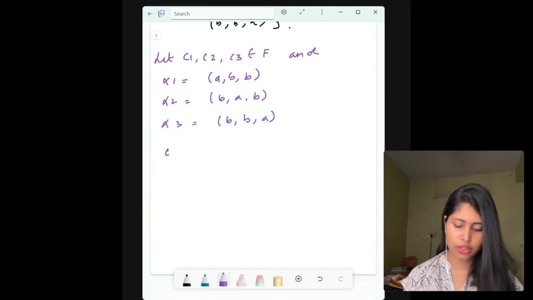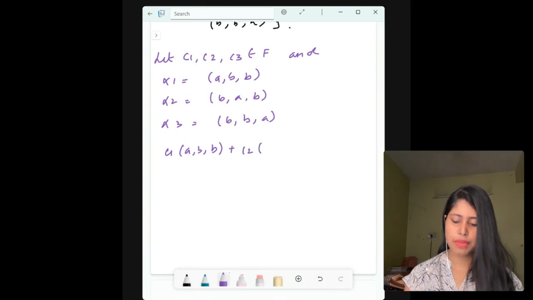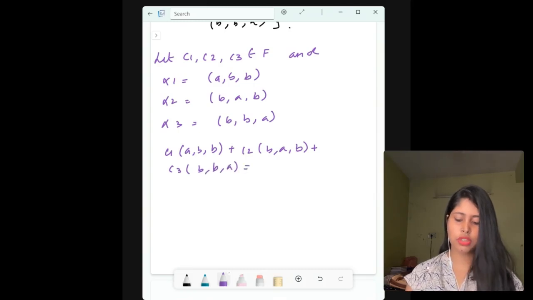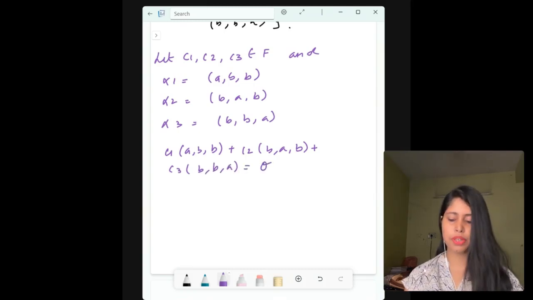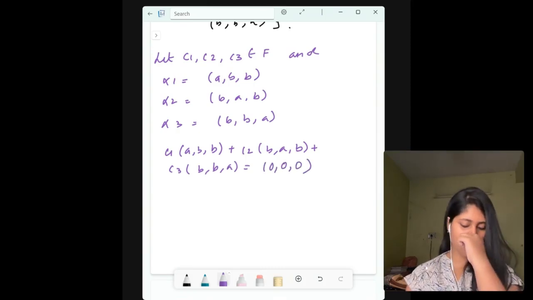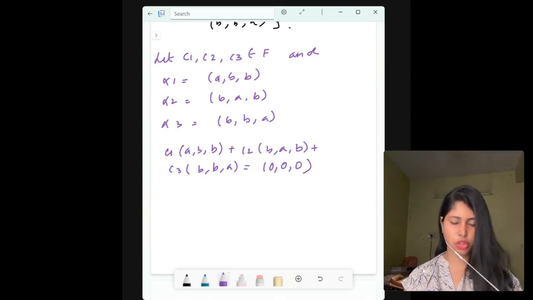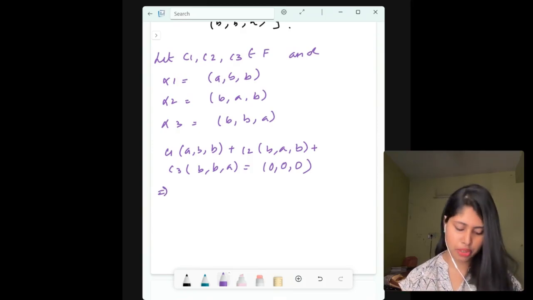That is C1 (a, b, b) plus C2 (b, a, b) plus C3 (b, b, a) will be equals to theta, which can also be written as (0, 0, 0). Okay, so from here we will get three equations. So let me see what are the equations we get. So first we need to do the scalar multiplication, right?